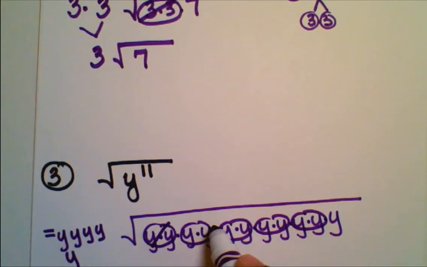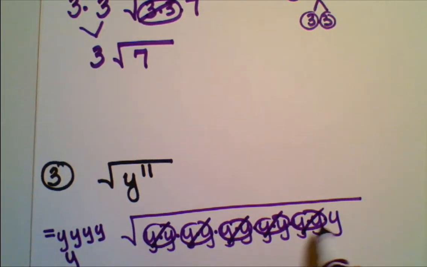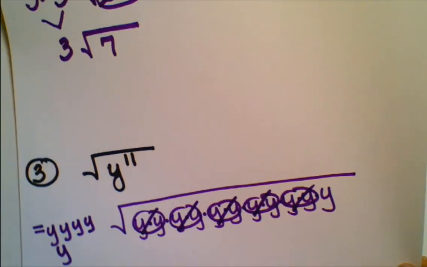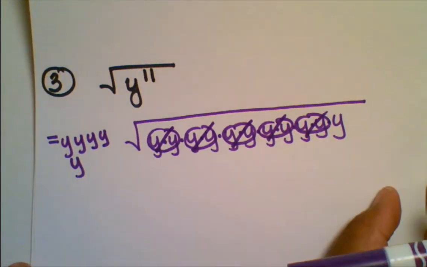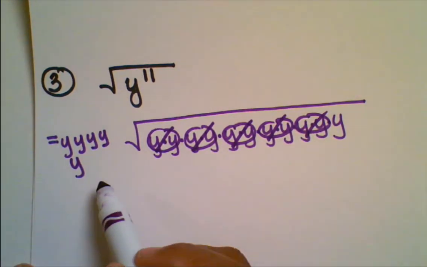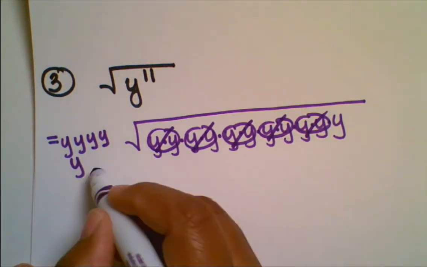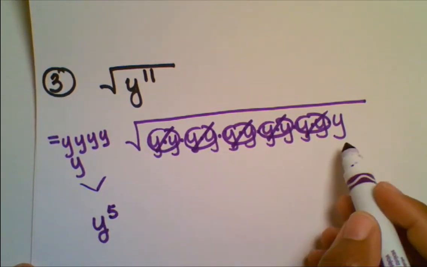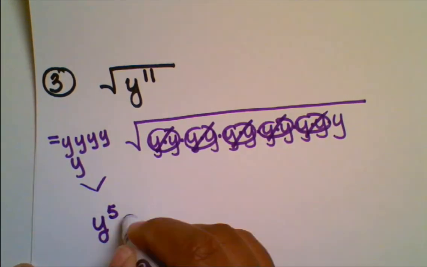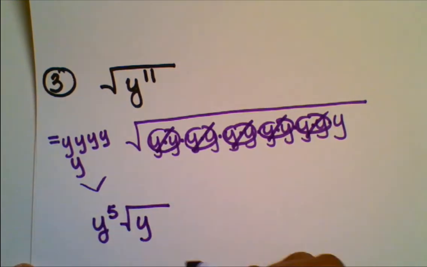What's on the outside of the radical, we're going to multiply, so we multiply y 5 times, and that gives us y to the 5th. Then what stayed under the radical sign? Just the y. So we will write y to the 5th times the square root of y.